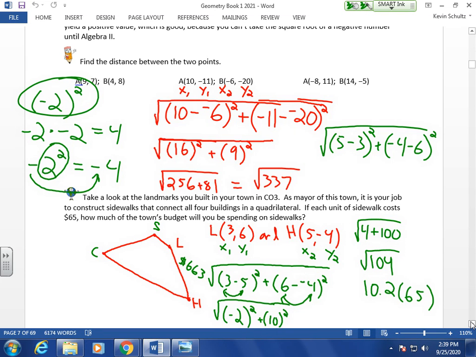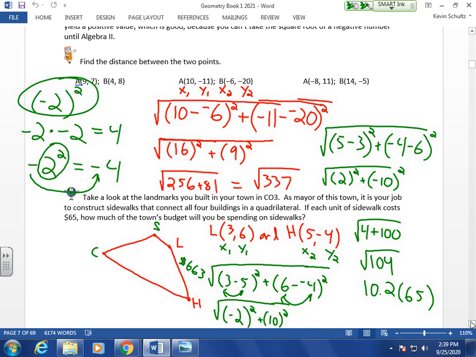And the beauty of the distance formula is that 5 minus 3 is +2. What do we get when we square +2? 4, the same thing we got when we squared -2. Here, -4 minus 6 gives us -10.